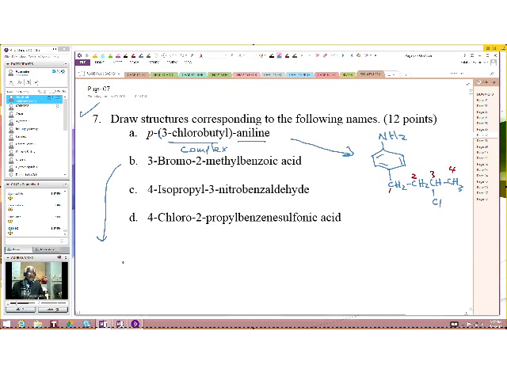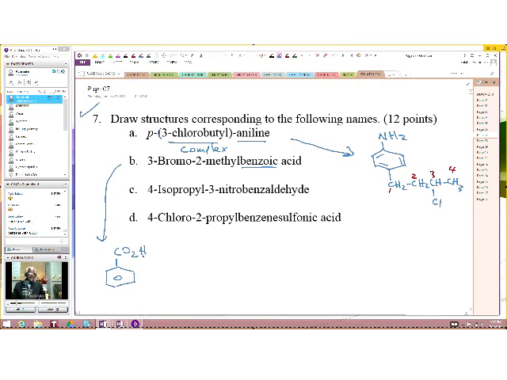3-bromo-2-methylbenzoic acid. The base name for this is benzoic acid. Does anybody know what the structure of benzoic acid is? That is the base name. Benzoic acid. Okay, very good. Benzene with a carboxy group. Excellent. This is benzene with a carboxy group.